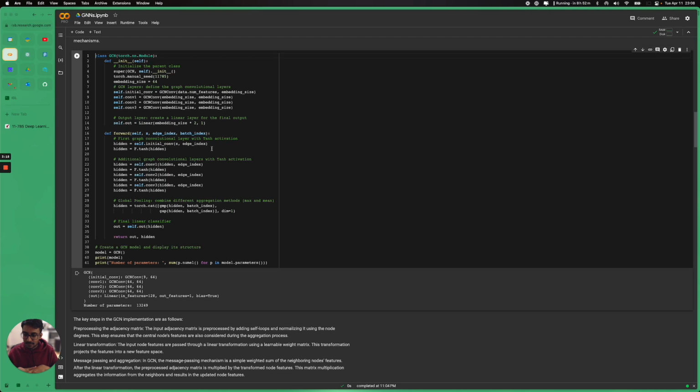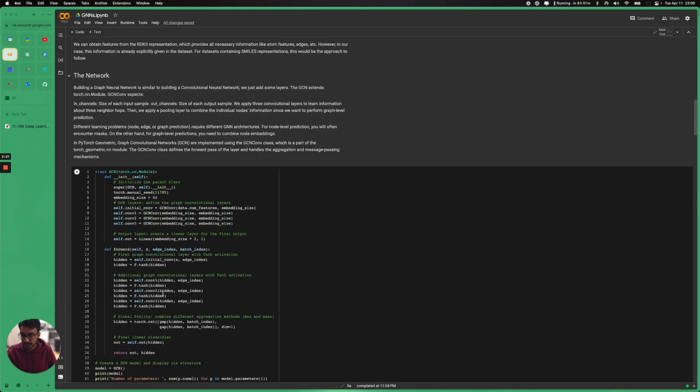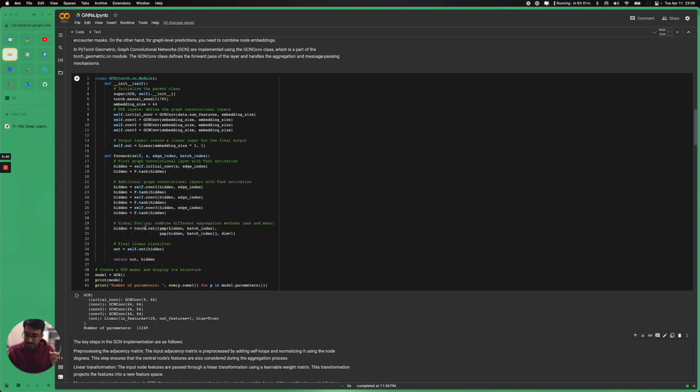You use a linear transformation where you pass the input node features using a learnable weight matrix, and then you add it along with the message passing and aggregation of the features that you get from the neighboring nodes. Before that, obviously, you have the pre-processing step as shown here. Basically, you add self loops and normalize using node degrees, as you saw in the equations that Josh presented.